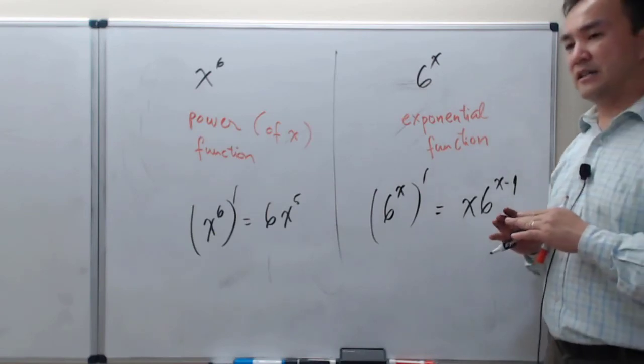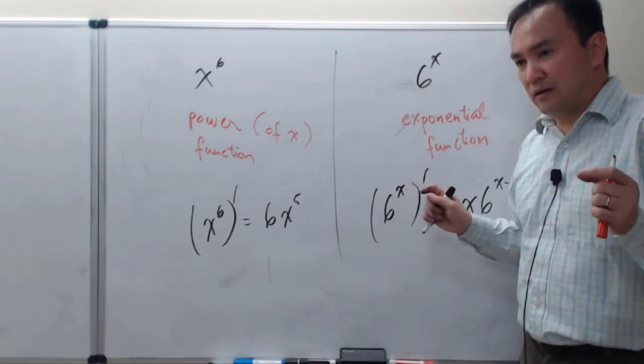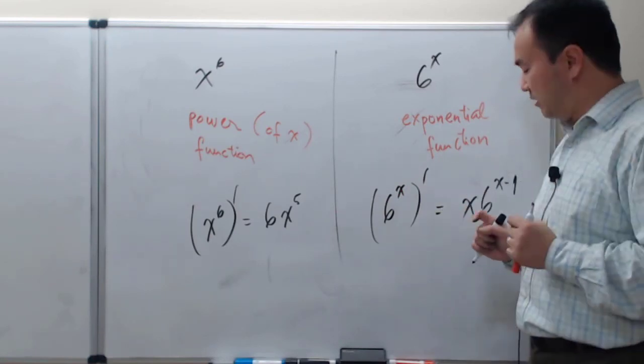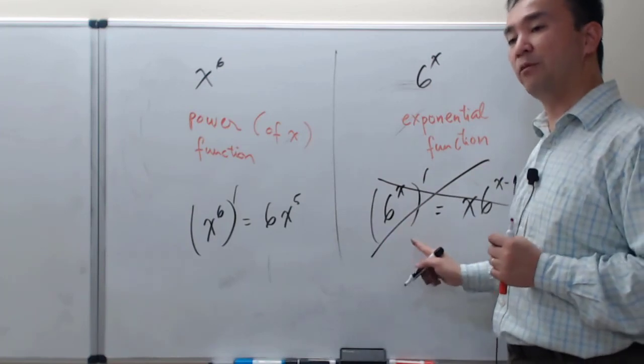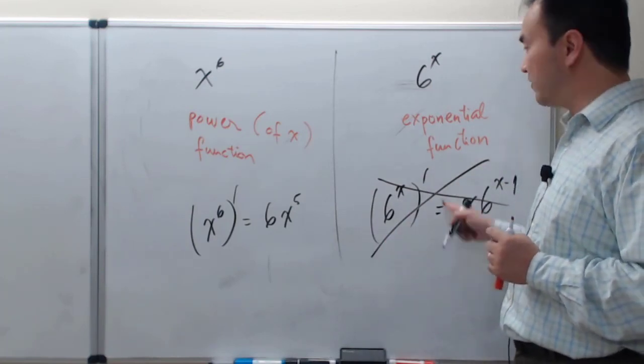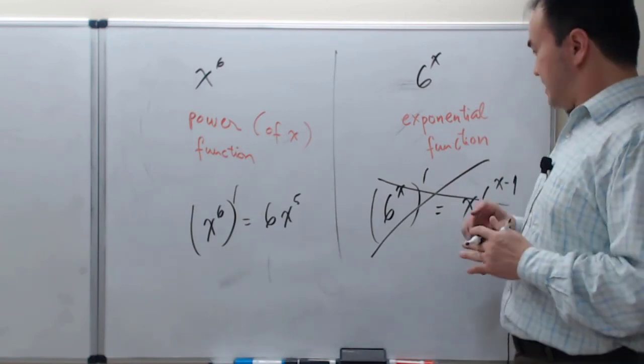Okay, I understand that anyone after learning the power rule is so in love with the power rule, but unfortunately this is not where we can apply the power rule. So doing the derivative for exponential function this way is completely off the hook.